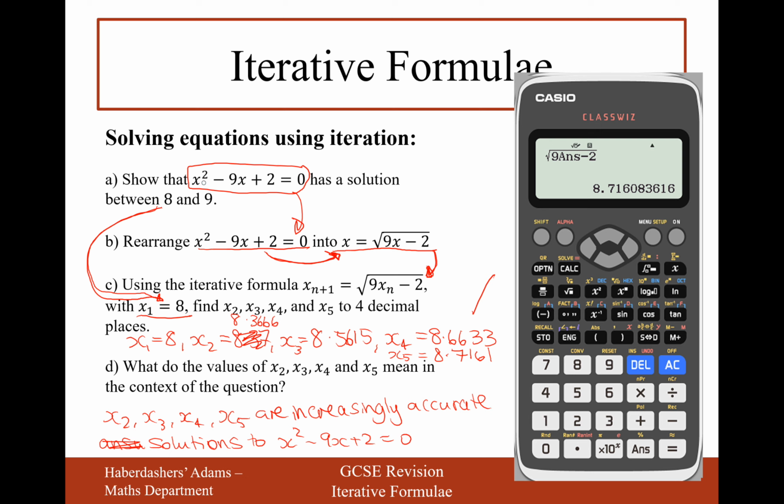Like x in this equation is getting more and more accurate as we go through the sequence generated by the iterative formula. So as we go from one solution to the next, this is effectively what x is in this equation here, and it's a solution to this equation. It gets more and more accurate the further you carry on. If I continued pressing the equals button, at some point it would stop changing because it's got so accurate.